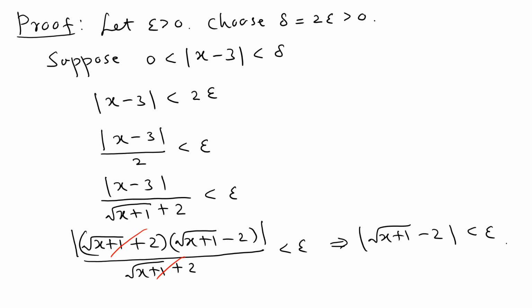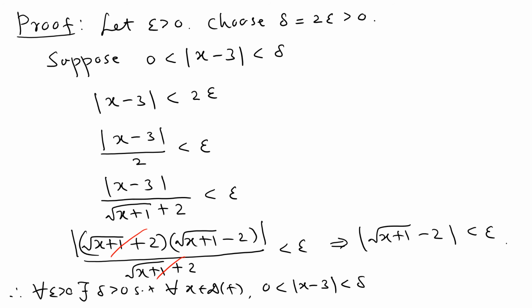Then to complete the proof, you can say therefore for all epsilon positive there exists delta positive such that for all x in the domain of the function, 0 less than the absolute value of x minus 3 less than delta implies the absolute value of the square root of x plus 1 minus 2 is less than epsilon.